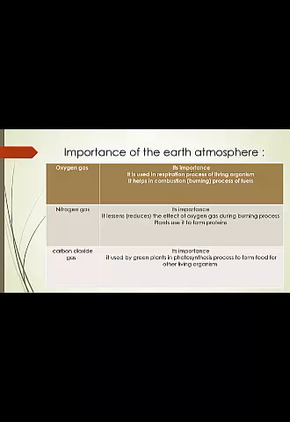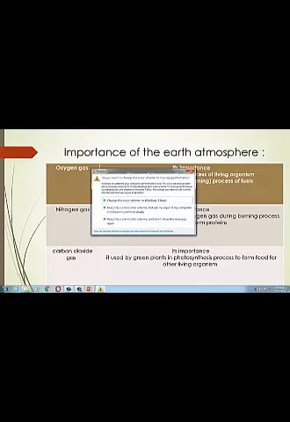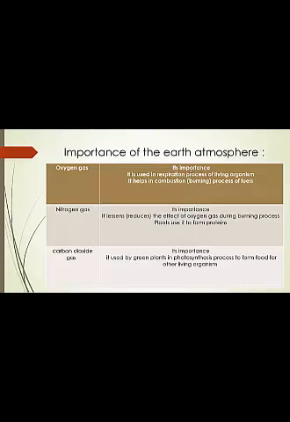Importance of the Earth's atmosphere. Firstly, we will explain the importance of oxygen gas. Its importance is its use in the respiration process for all living organisms, and it helps in the combustion or burning process of fuel. Secondly, nitrogen gas.